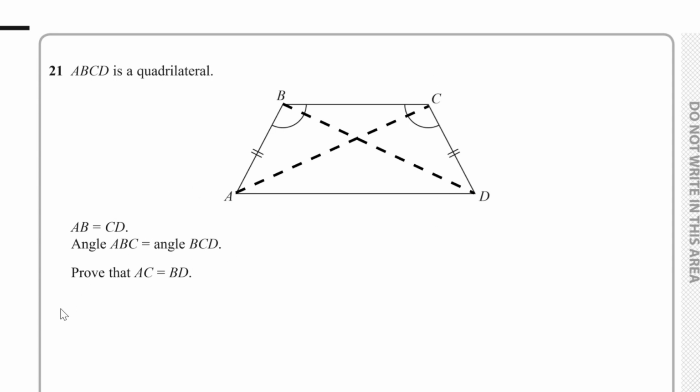So, first of all, you can see BC is common to both triangles. So BC is common to both triangles. We also know that AB is equal to CD. So AB is equal to CD. This is a statement which is given.